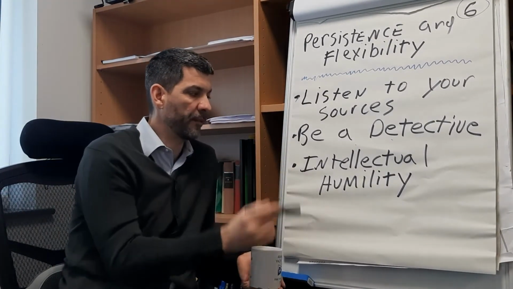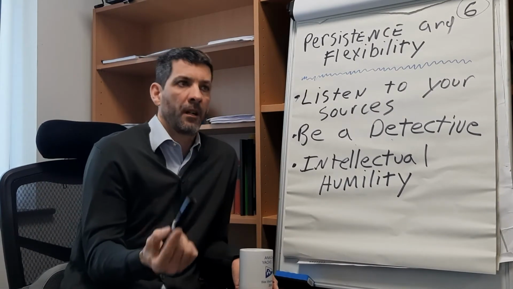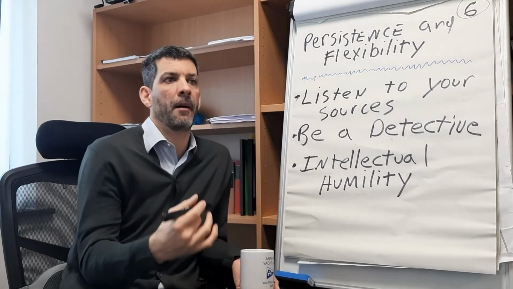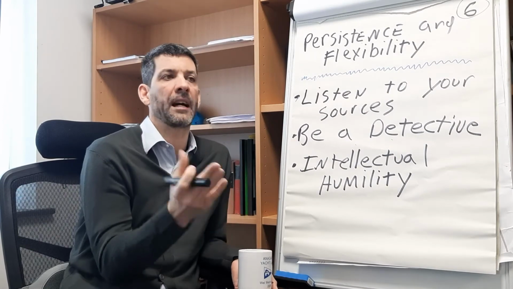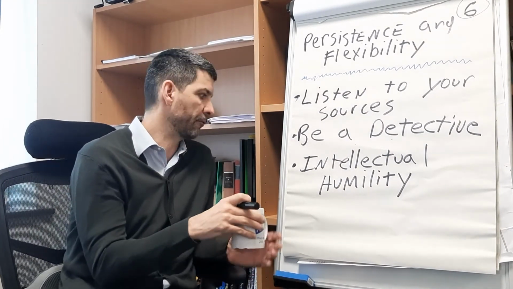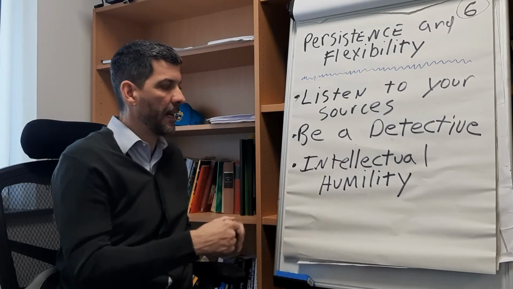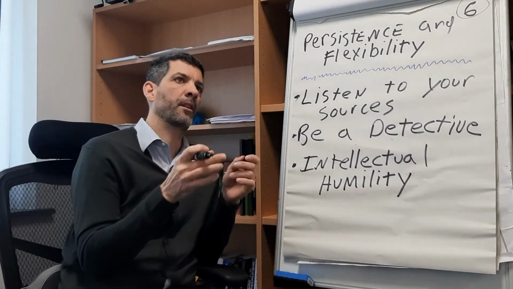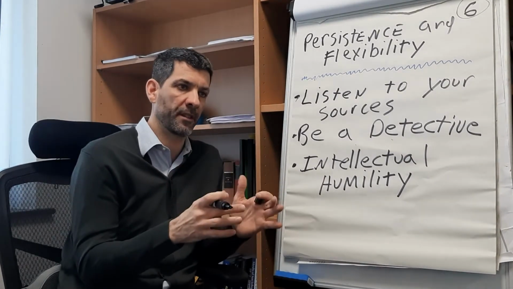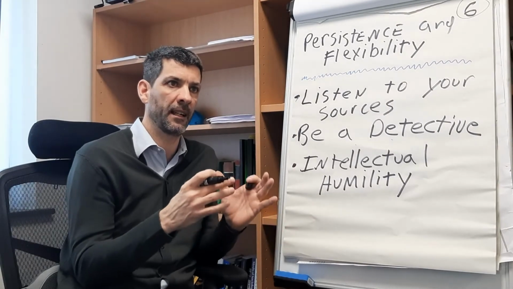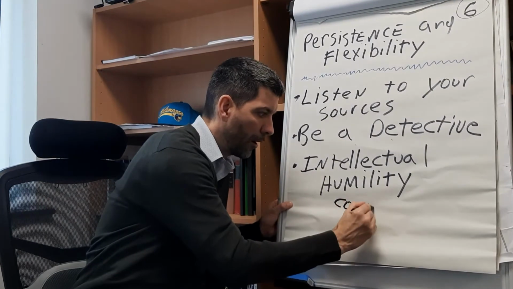And then just in terms of the intellectual humility, if you find a source and you say, I've got something here, this person is completely wrong, or whatever, you need a little bit of intellectual humility there, because remember, if you're dealing with peer-reviewed sources that you're finding from an academic database, all of these sources are in conversation.